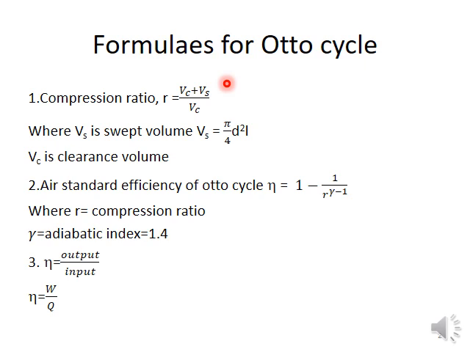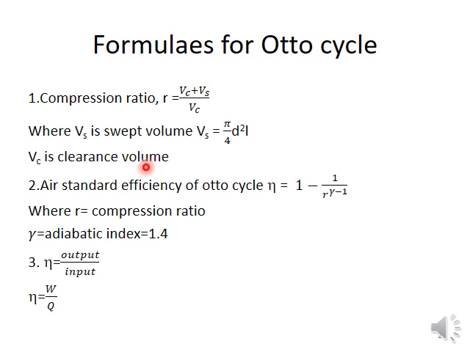This cycle involves mainly 4 sequential operations: 1 to 2 adiabatic compression, 2 to 3 constant volume process, 3 to 4 adiabatic expansion, and 4 to 1 is a constant volume process, where heat is rejected.